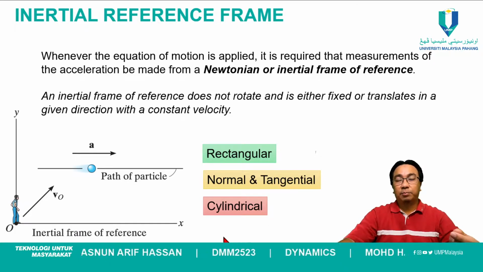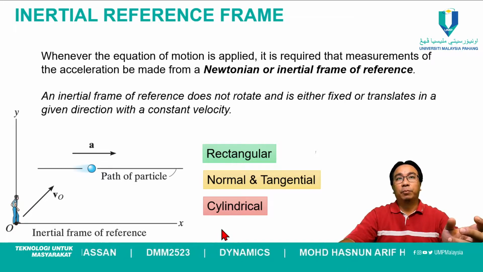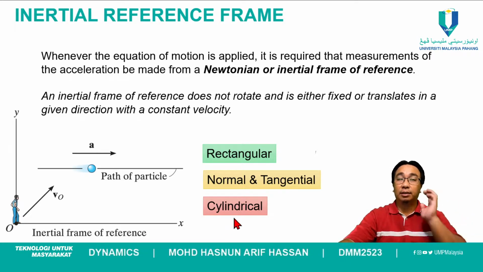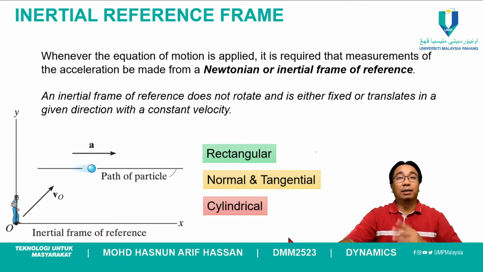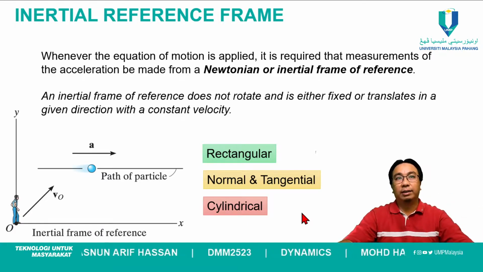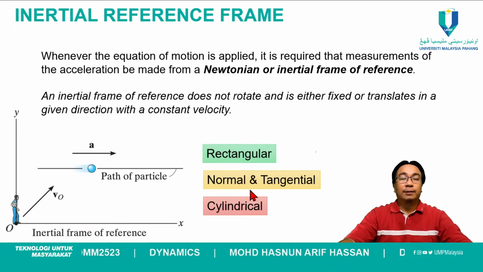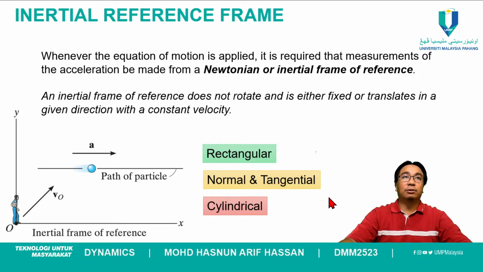And sometimes if it involves helical motion or curvilinear motion in three dimensions, we will use cylindrical coordinate, which we will cover in the next class. So today we are going to focus on the normal and tangential coordinate system.